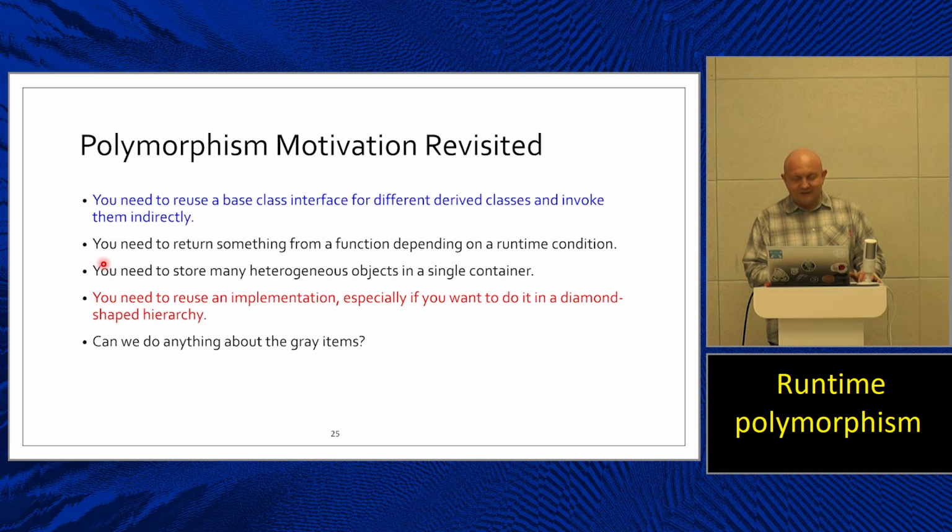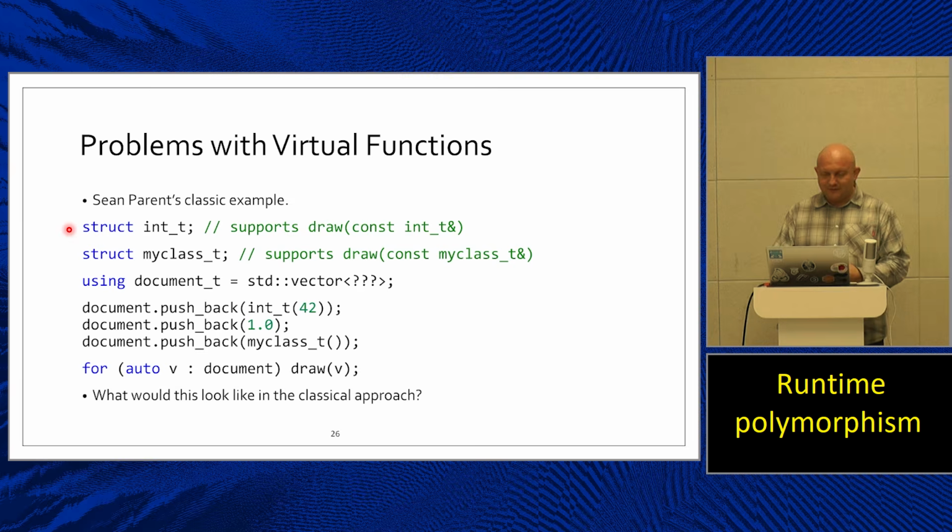The second and third motivations are slightly harder to eliminate. So the question is, can we do something about those gray areas, like gray bullets, without paying the full cost of classical runtime polymorphism?